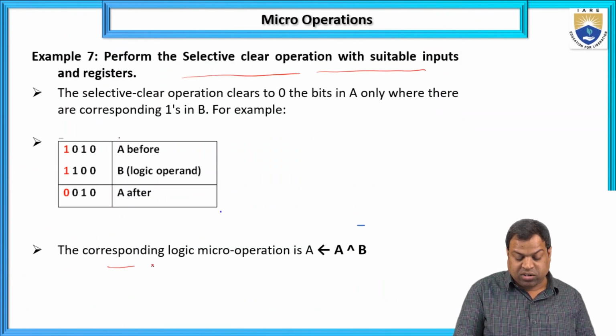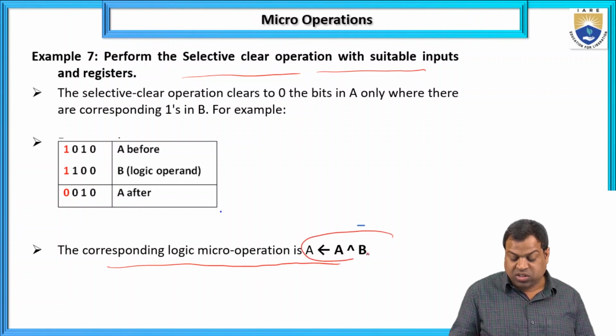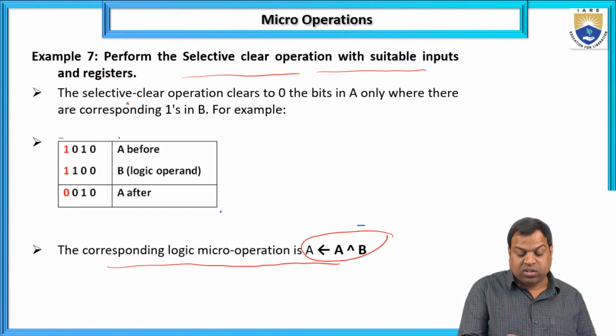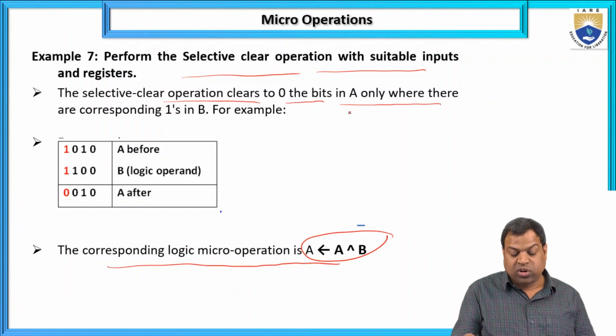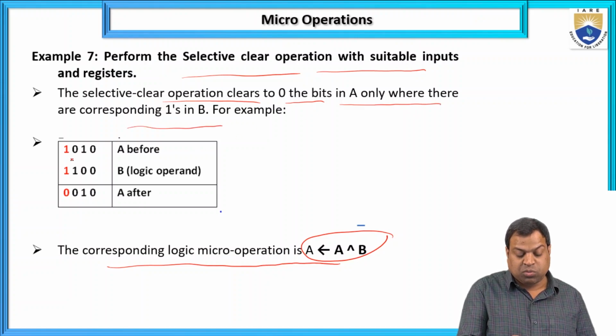Perform the selective clear. That means the corresponding logical operation is like this. The selective clear operation clears to 0 the bits of A only where there are corresponding 1s in B. For example, A equal to 1010 and 1100 is B. So what is the operation performed? A before and A after.